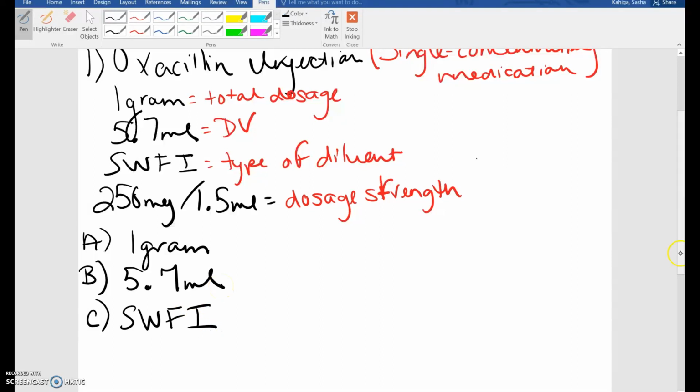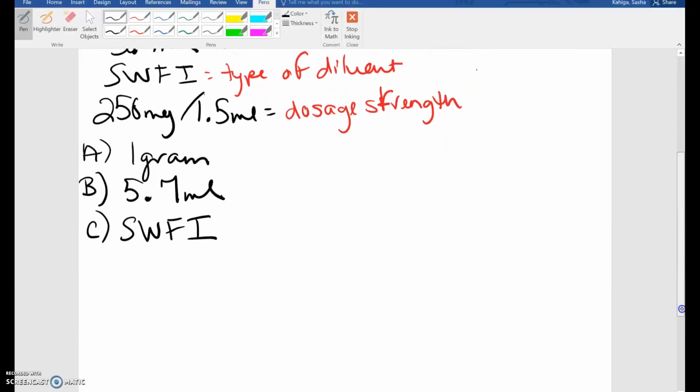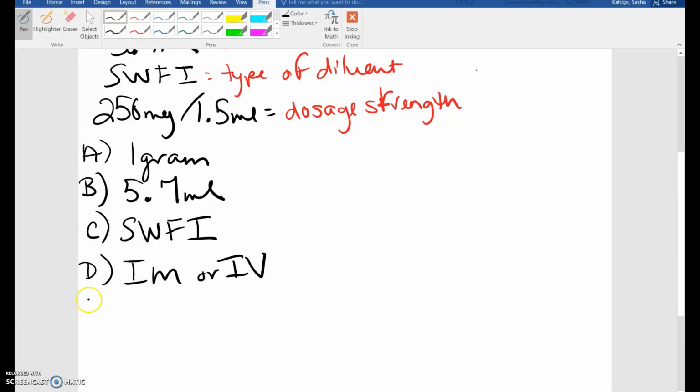The next question says what routes of administration are appropriate for this vial of medication. Well, if I read the label, it says for IM or IV usage. So for intramuscular or intravenous usage. The next question, which I'm going to label E, says what is the expiration time if this medication is stored at room temperature?